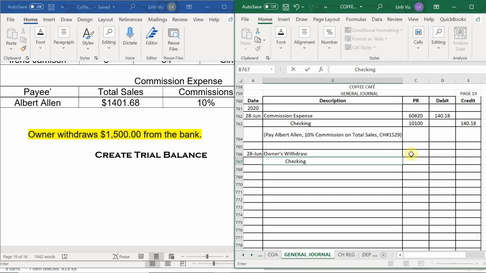So owner's withdrawal, what account number is that? And as we know, checking is 10-100. All right. And for what amount are we writing the check out for? The 1,500. Correct.